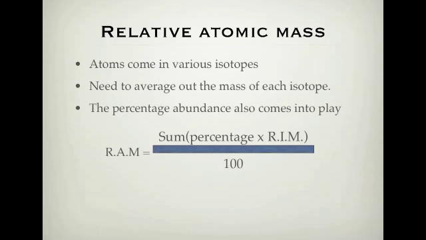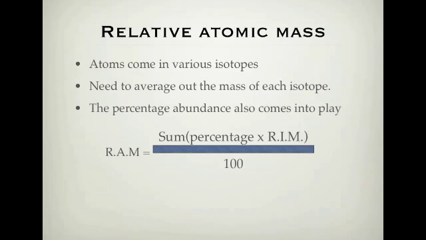What we then do is look at isotopes. Isotopes, as you know, are the same element but with a different number of neutrons, a different number of nucleons. Different atoms have different numbers of isotopes. Lithium has 2 isotopes: lithium-6 and lithium-7. So we need to get a relative mass for that element, taking into account all the different isotopes.